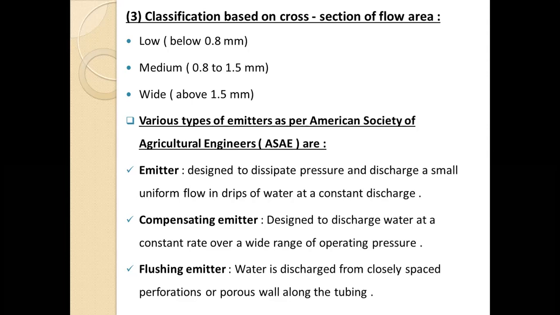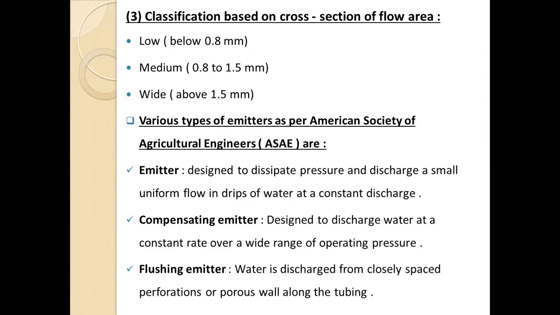There are various types of emitters as per the American Society of Agricultural Engineers, also known as ASAE. First one is the emitter, which is designed to dissipate pressure and discharge a small uniform flow in drips of water at constant discharges. Compensating emitter is designed to discharge water at a constant rate over a wide range of operating pressures.